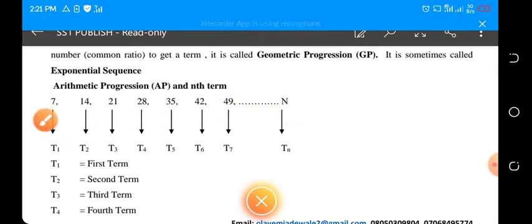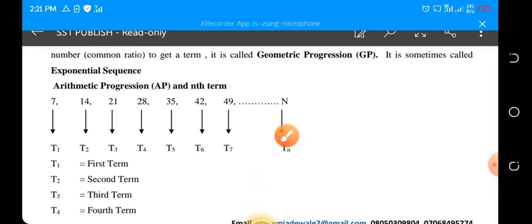Therefore, the 7 will now be referred to as T1, T2, T3, T4, T5, T6. All this my n will now be Tn, the term of the number of terms that I don't know. Therefore, this Tn is a formula that you can use to find any term once there is some required information given to you.